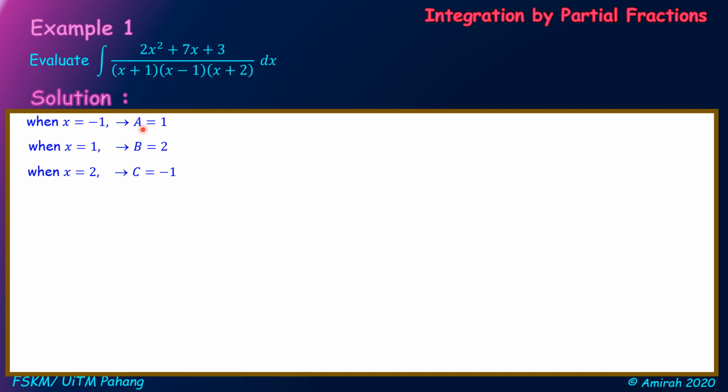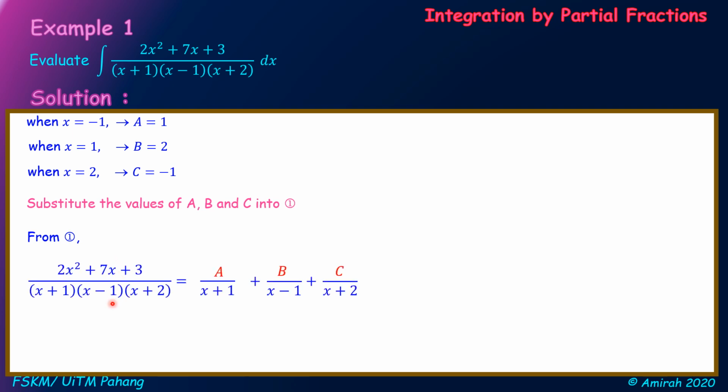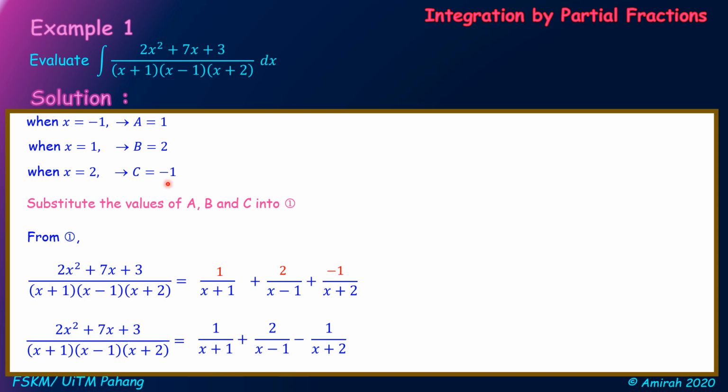After we find the values of a, b, and c, we substitute the values of a, b, and c into equation 1. We recall equation 1, from the previous slide. So now we replace a equals 1, we replace b equals 2, and we replace c equals negative 1.